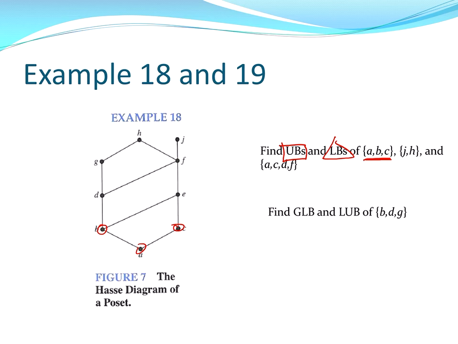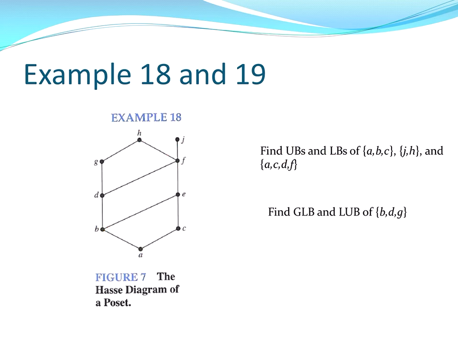Well, E is an upper bound. It's greater than every one of those elements. F is an upper bound. J is an upper bound. And H is an upper bound. What about lower bounds? Well, there's one lower bound. It's A, which is less than or equal to every element in our subset.